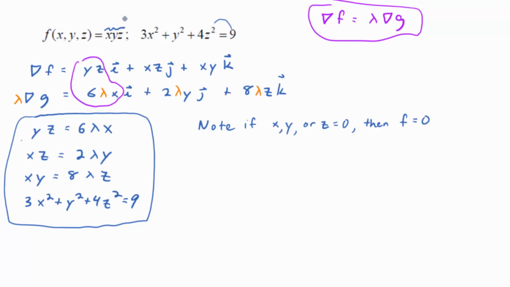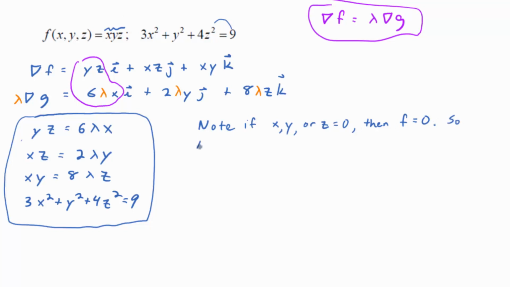If one of those factors is 0, the function value is 0. So now that we've addressed that, let's look at what happens when none of them are 0. Let's assume none of x, y, and z are 0, and then maybe that can help us solve the system, right? In a nice way.